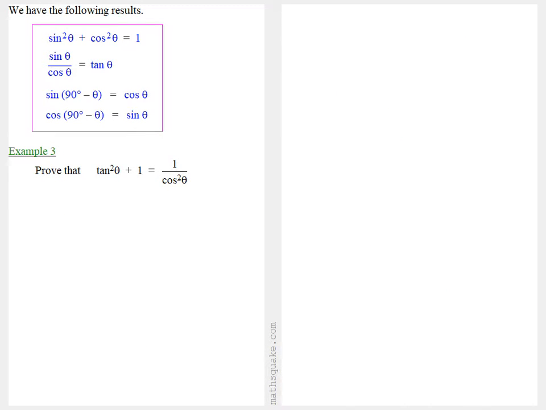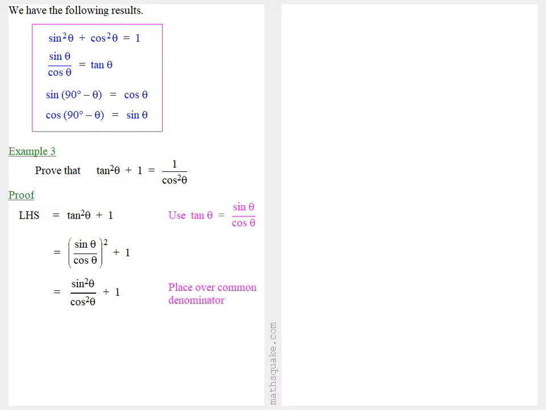In example 3, we want to prove tan squared theta plus 1 is equal to 1 over cosine squared theta. Well, if we start with the left-hand side, we have tan squared theta plus 1, and we can use the fact that tan theta is sine theta over cosine theta. So the left-hand side is (sine theta over cosine theta) all squared plus 1, which is equal to sine squared theta over cos squared theta plus 1.